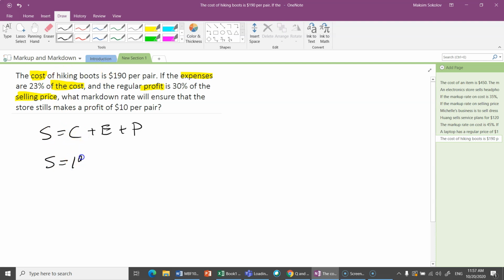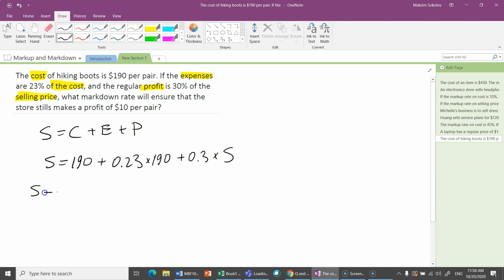The cost is $190. Expense is 23% of the cost, so 0.23 times 190, because cost is 190. And profit is 30% of the selling price. So we have to pay attention, it's on the selling price right now, and it's 0.3 times S.